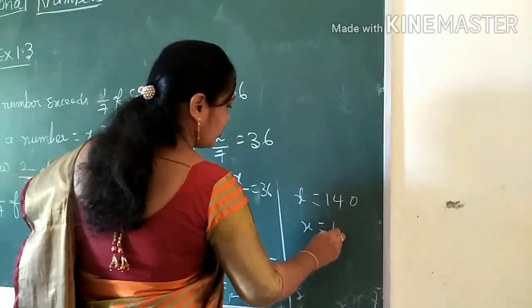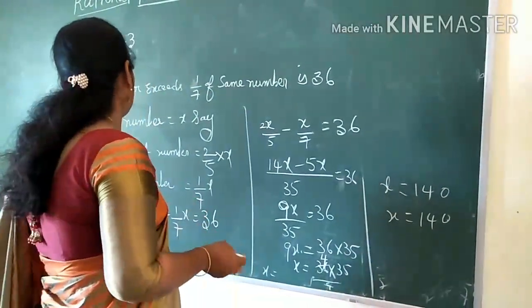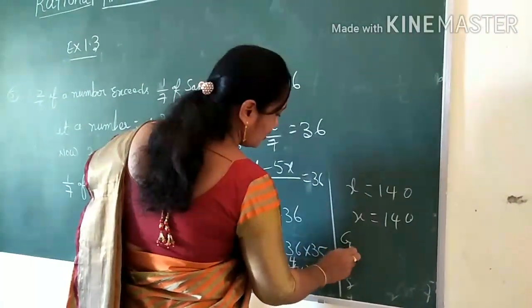So x equals 140. The given number is 140.